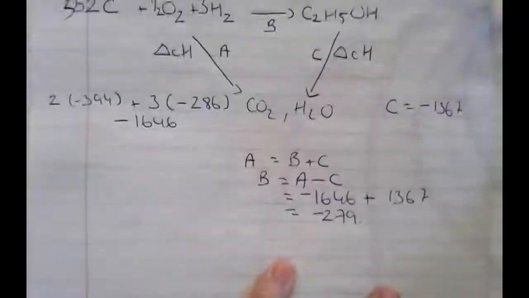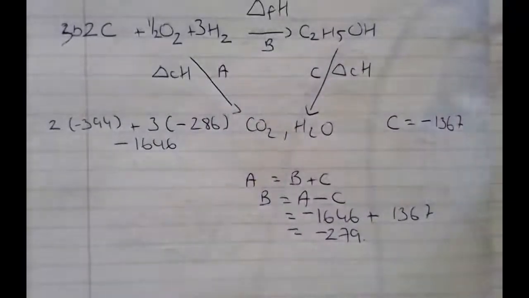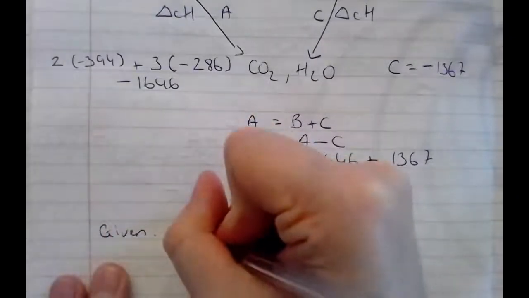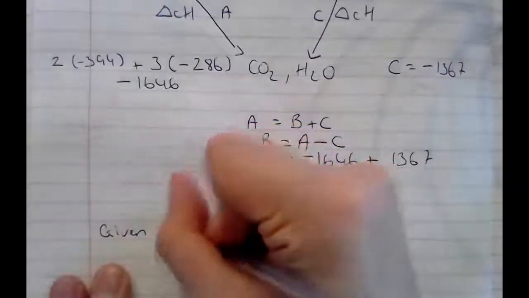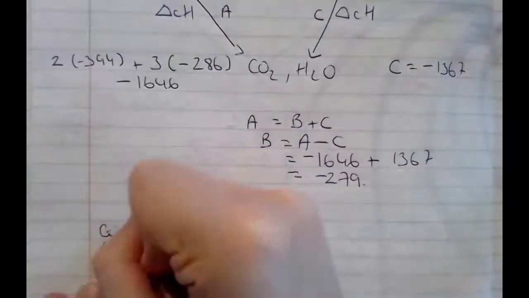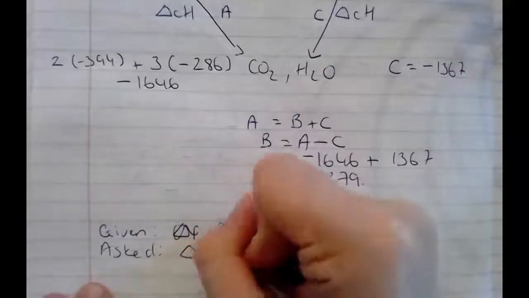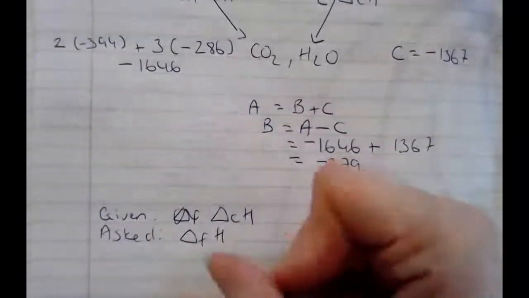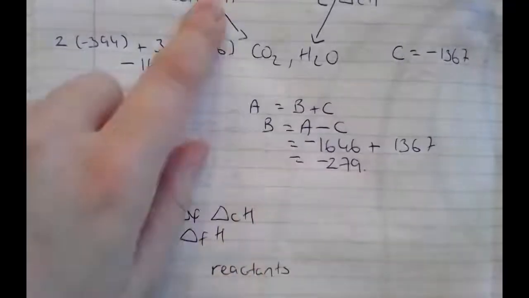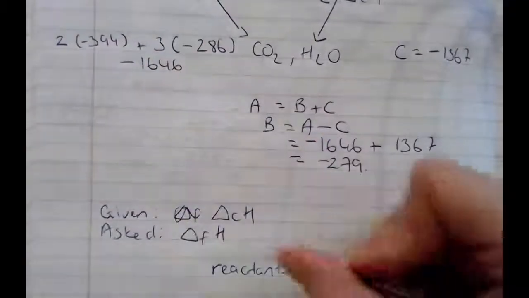Okay, so if you look at the last 2 reactions that we've just done, again, there is a pattern. When you're given the combustion data and you're asked for the formation data, it always works out as reactants, what was on the left-hand side, minus the products.